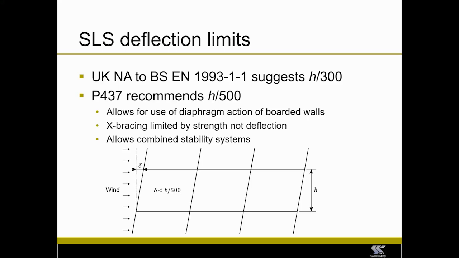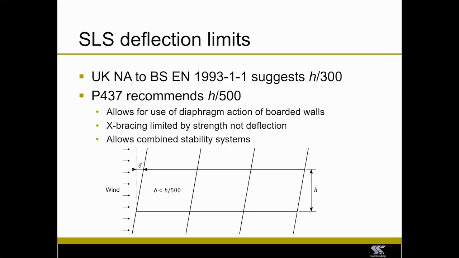When we're looking at X bracing, we'll see that the actual deflection limit is not critical, so it doesn't really matter what we take for the deflection limit, because it's always going to be the ultimate limit strength of the X bracing that actually controls the design. So whether it's H/300 or H/500 for X bracing, it doesn't really matter.